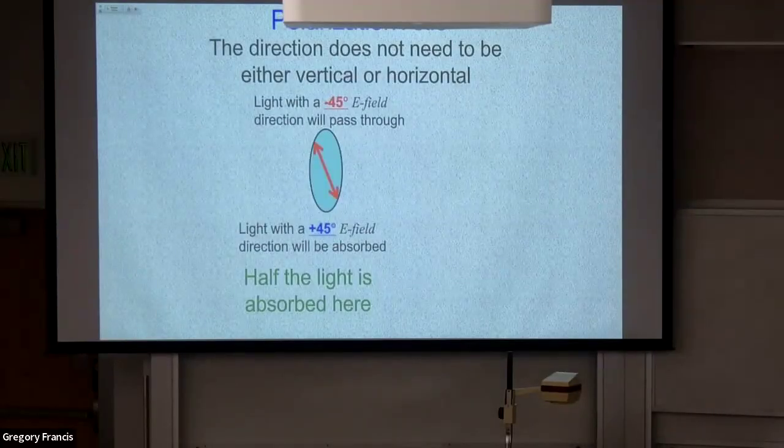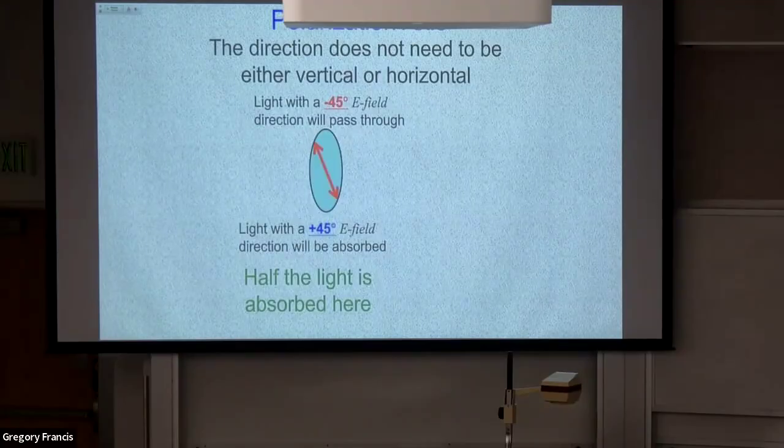Now, in general, unpolarized light, which is just what you start with usually, when that goes through a polarizer, it lets half of the light through. Because I can always think of that light as being half along the axis and half perpendicular to the axis.